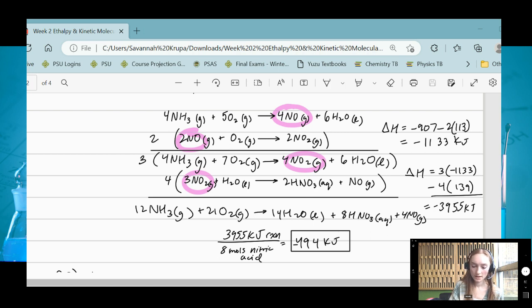So when we're going back to the things that we're repeating, we need the gas and we need the water. So the O2 and the water, that's why we're not canceling those things out. We're only canceling out the, let's get this red, the NO and the NO2.